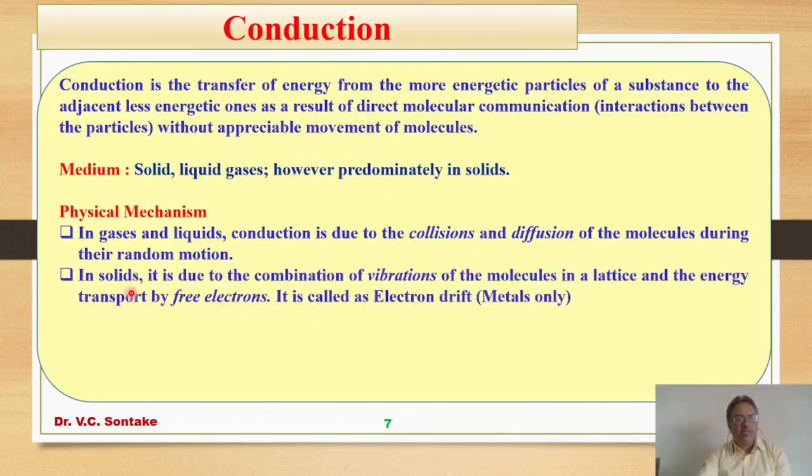However, in solids, the heat transfer by conduction is due to a combination of vibration of the molecules in a lattice and the energy transfer by free electrons. So either mechanism may take place in solids.